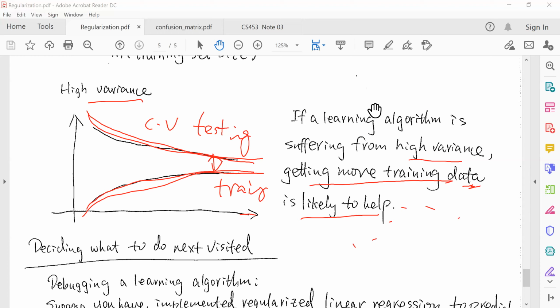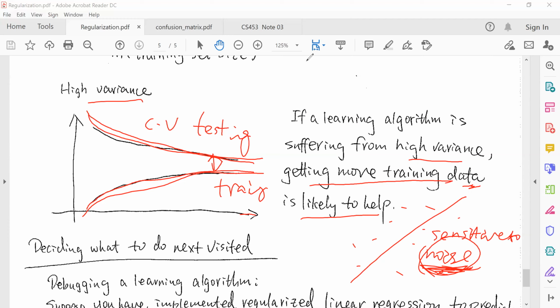Because the samples are too spread out, due to sensitivity to noise. And of course, the more sample data you add, the better you can adjust your model to get rid of the noise. So it may help. Okay, so here is just a learning curve.